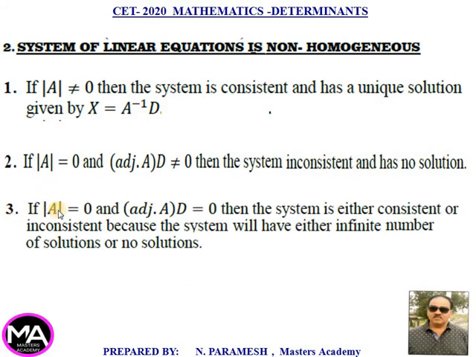Third point, if determinant A is equal to 0, singular matrix, and adjoint A into D is equal to 0, then the system is either consistent or inconsistent, because the system will have either infinite number of solutions or no solution. If it is consistent, infinite number of solutions. If it is inconsistent, no solution.